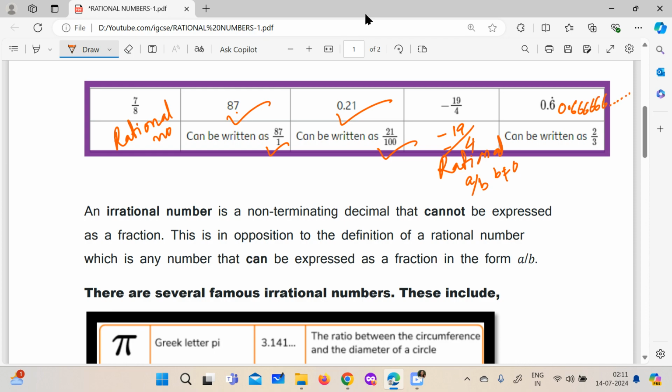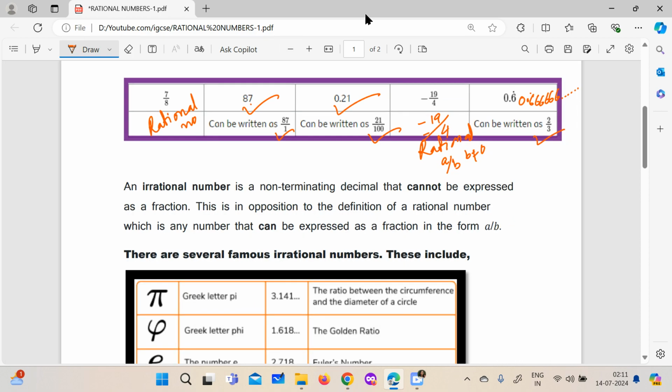See, it keeps on going. Since there is a fixed number that keeps on repeating, this is also a rational number. And moreover, 0.6 recurring can be written as 2 over 3. That is again a fraction form, and we can say that is a rational number. So I hope this is clear to everyone: what are the things that can be included in a rational number?